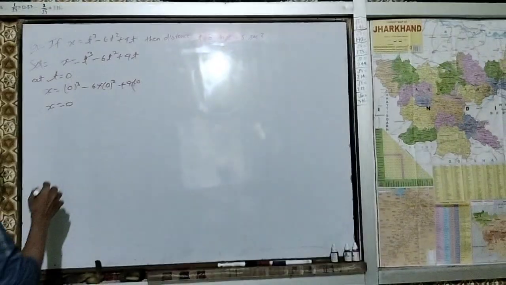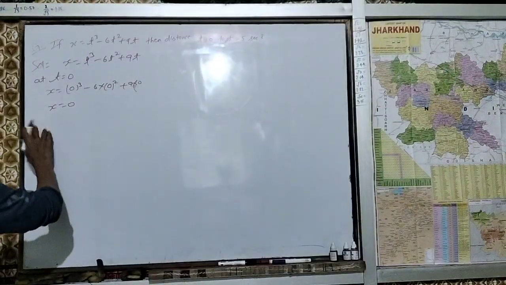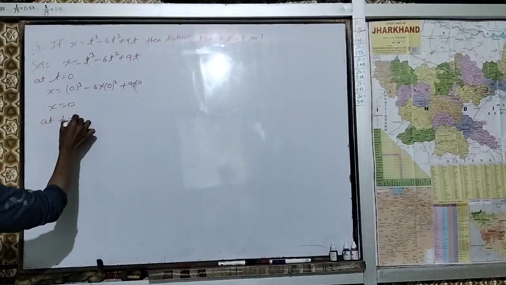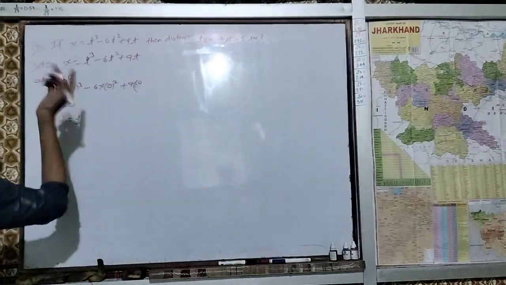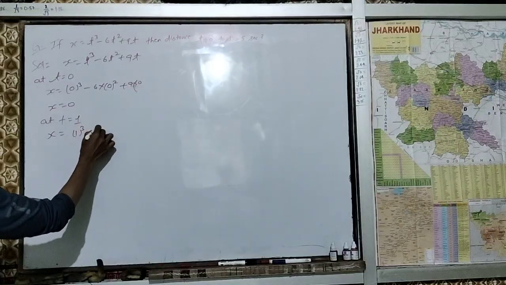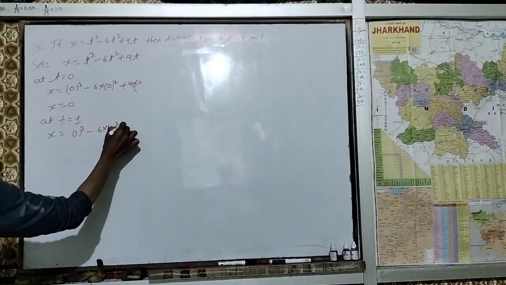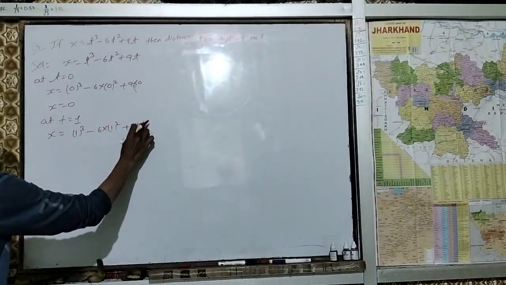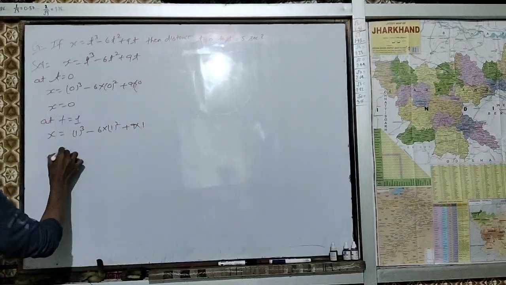Now the next case, at t is equal to 1, and the equation is the same. 1, then 6, then 9 multiplied by 1.